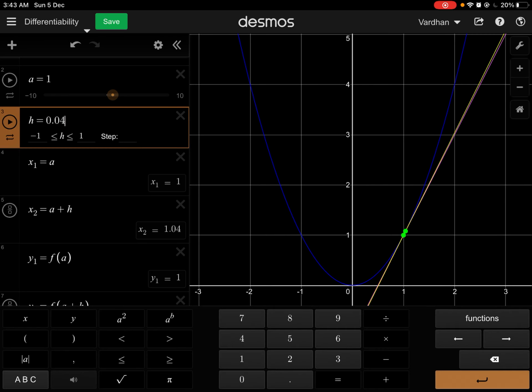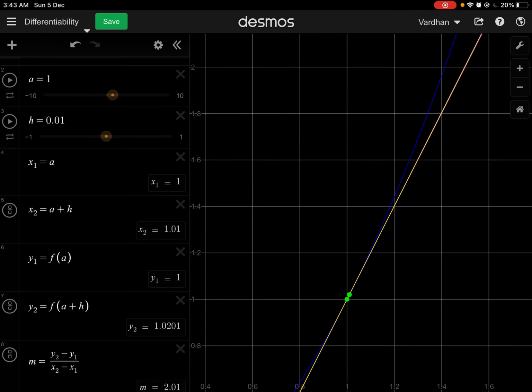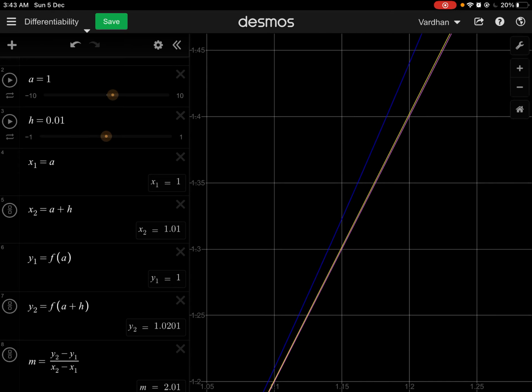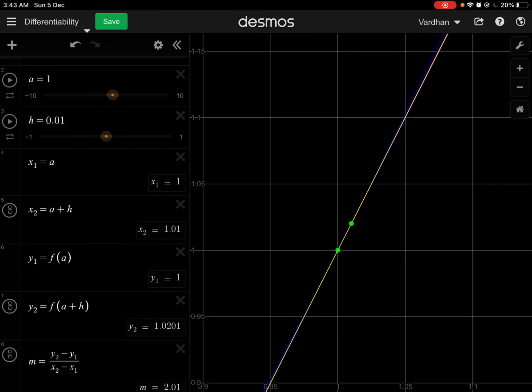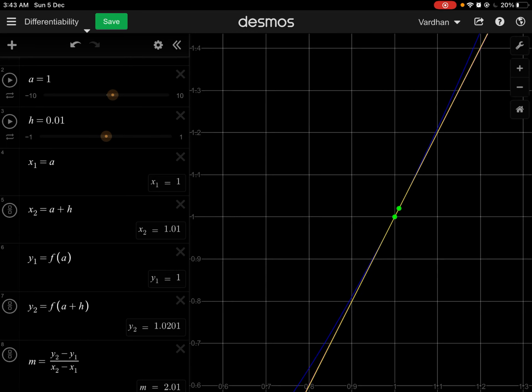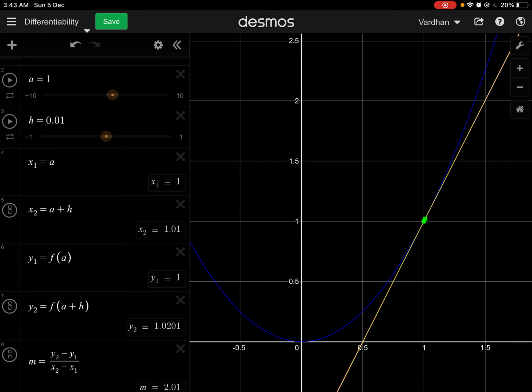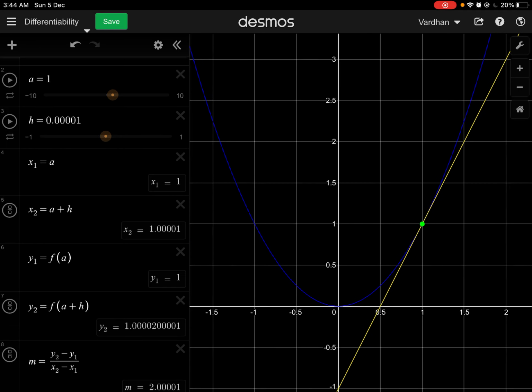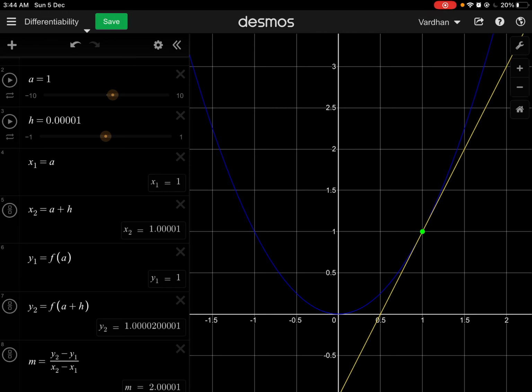Now if you were to make this, say, 0.01, then the pink line and yellow line are really close to each other. There are still 2 points, but they are much closer to each other. So if we reduce this more and more, then eventually the yellow line approaches the tangent line, which is the pink line.